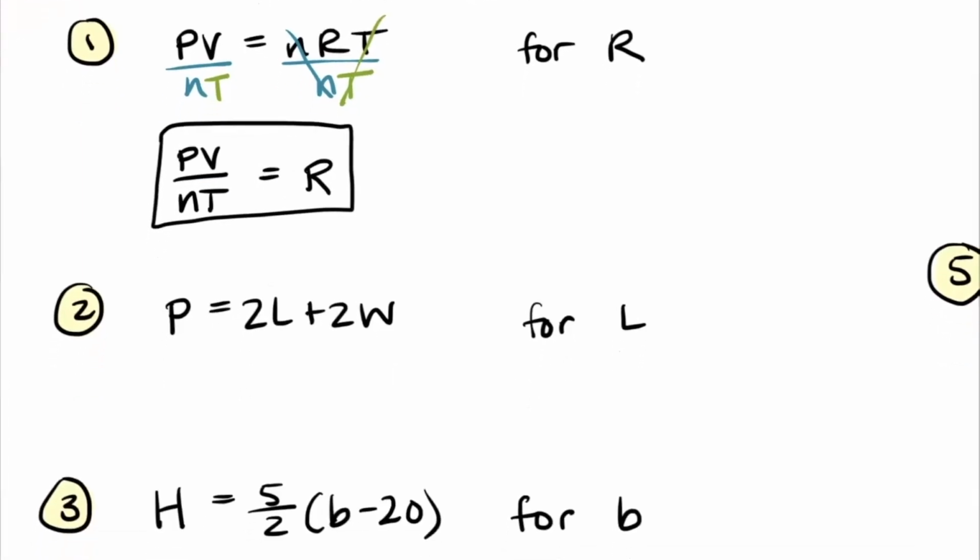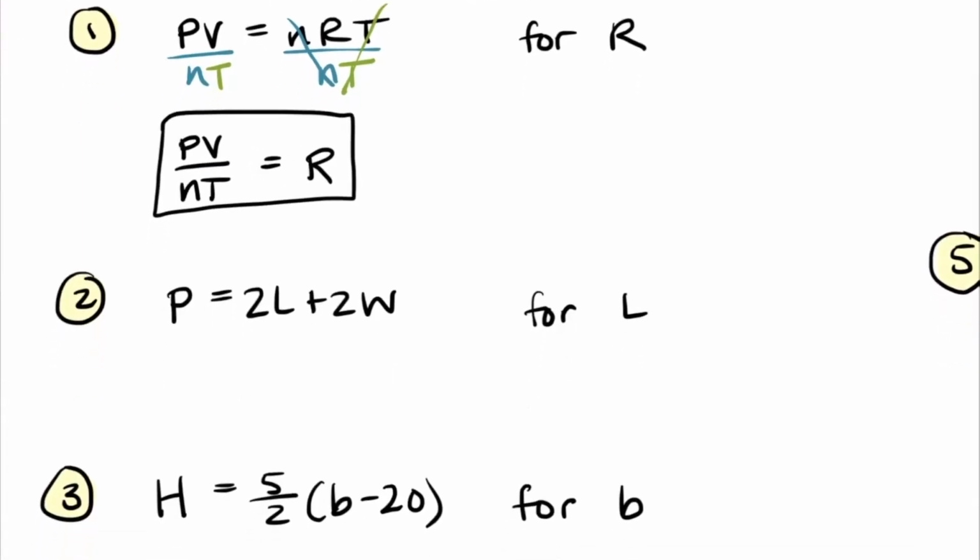Okay, number 2, we've got P equals 2L plus 2W, and we want to solve this for L. So you might recognize this as the perimeter formula for a rectangle, and we want to put it in as L equals. So we've got a little two kind of like terms here. So we want to first try to isolate this part so that we can undo the multiply in the end.